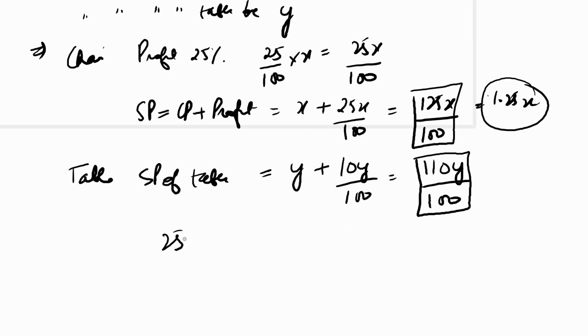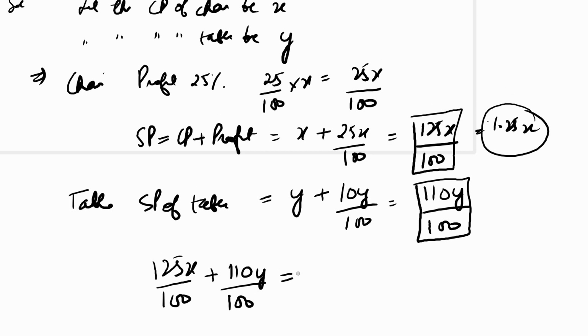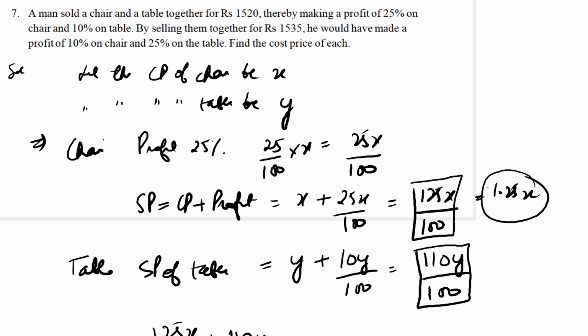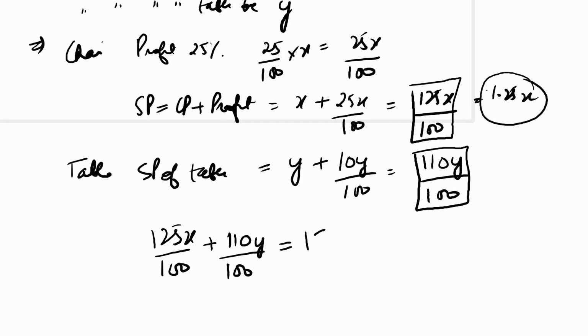That is 125x upon 100 plus 110y upon 100 is equal to 1520. So what will happen? We can divide both of them by 20, or let's divide them only.